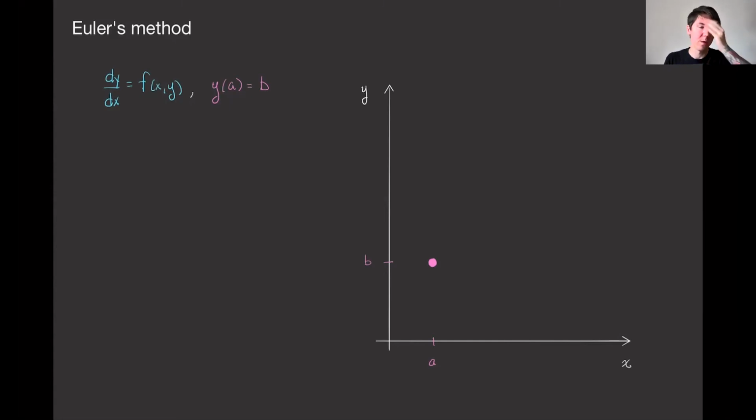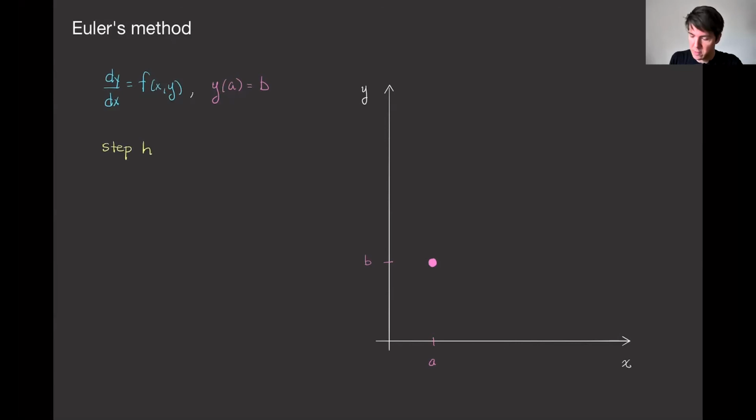What we want to do is, in some sense, cast a net over the x-axis. And when I say cast a net, what we're going to do is choose a step. We're going to say step h.